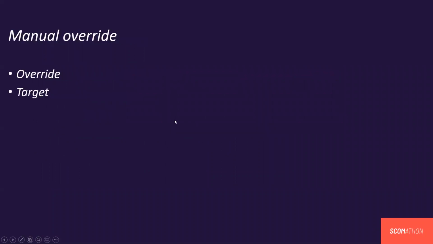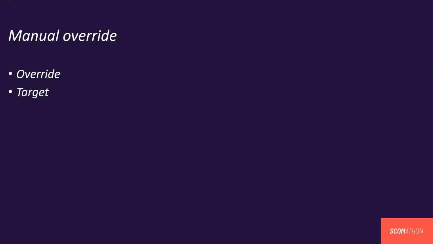Right, so manual overrides. So if you see an alert in the SCOM management console in the monitoring pane, you might decide to override this for something. So the first thing you need to decide is your target. So what is going to be the override target?